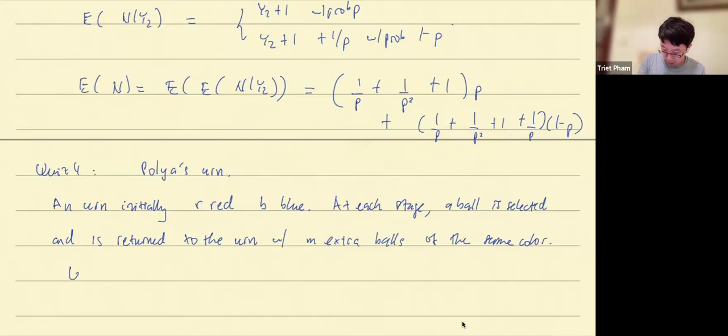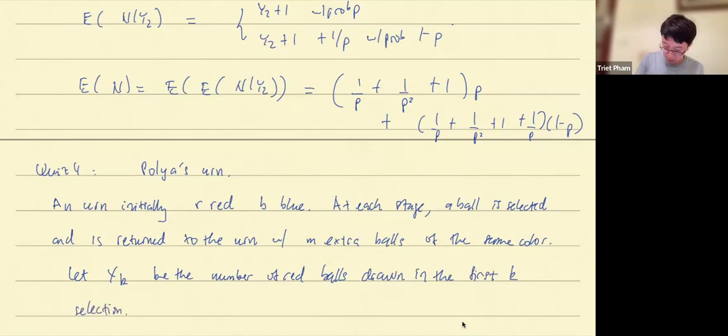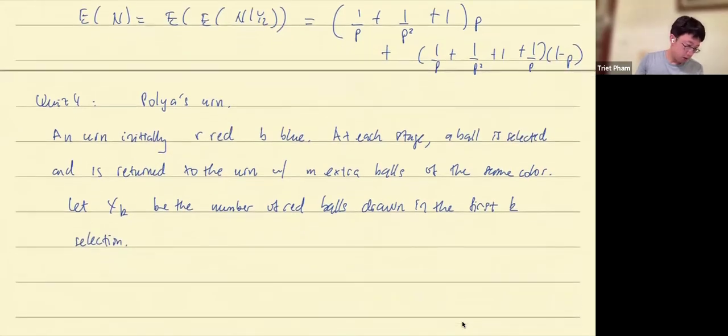Let Xk be the number of red balls drawn in the first K selections. Part A: find the expectation of X1, X2, X3.